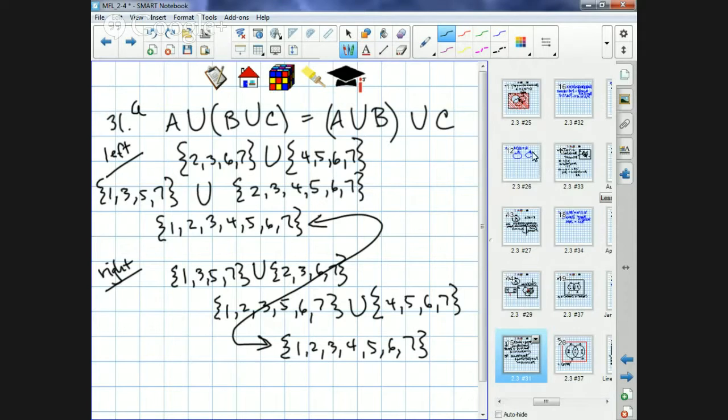That was 31A, and that one I got. And 31B, I ended up with 7. Okay, I'm going to have to look at that one. B intersects C would be 6, 7, and that intersects A, 7. That's what I get too. And the other ones we worked through, 33, A, B, C I got.